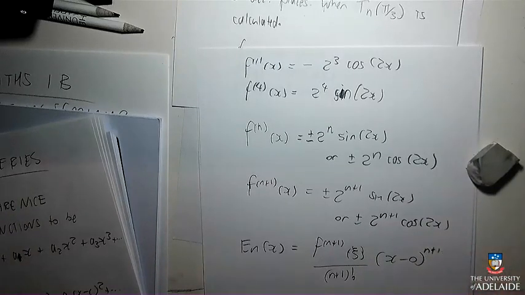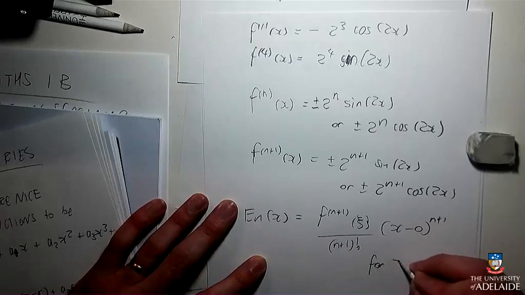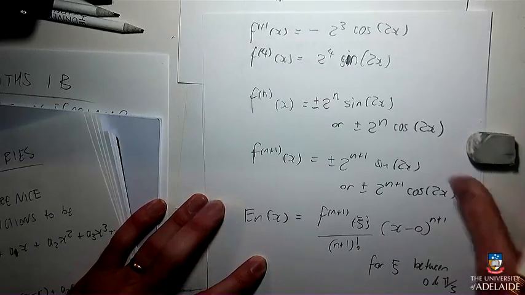Okay, that's what the error is going to be, because the centre of my Taylor polynomial is 0. And this is going to be for x between 0 and pi on 3, because that's the place I want it.